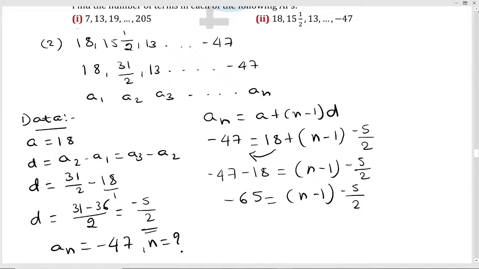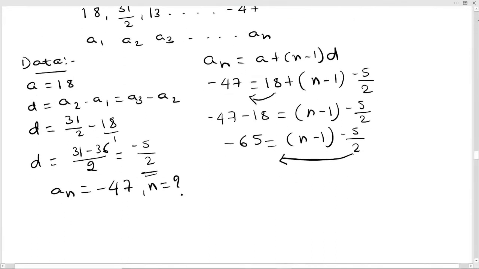Now what you need to do is send the -5/2 to the left hand side. When you are sending a fraction number to the other side, it will become the reciprocal.